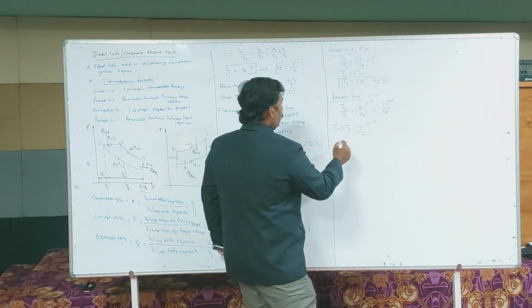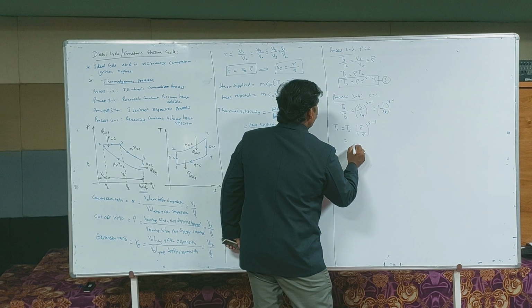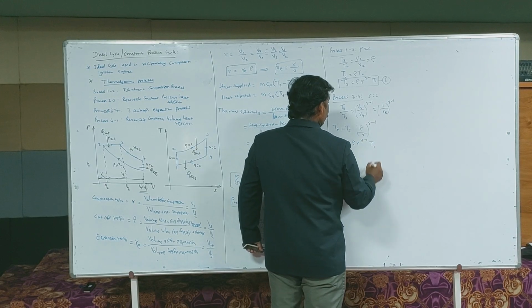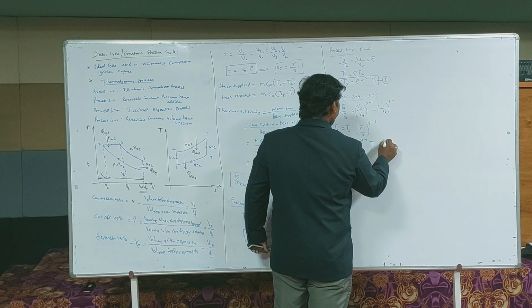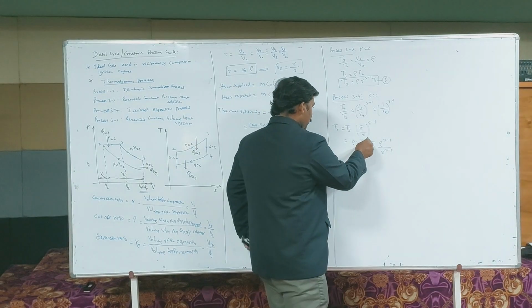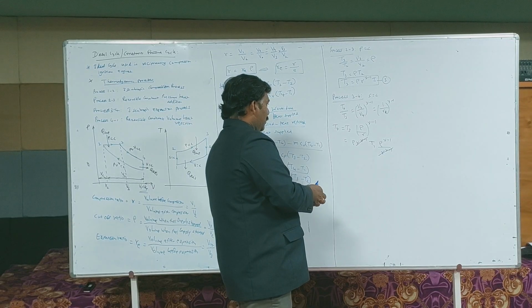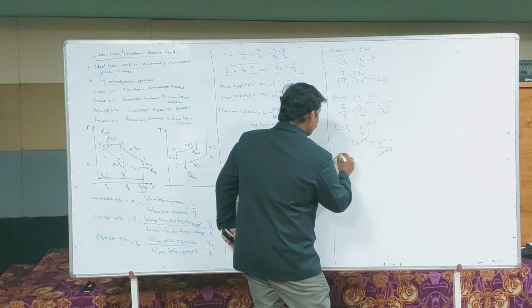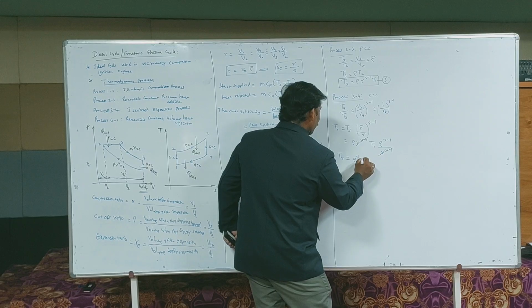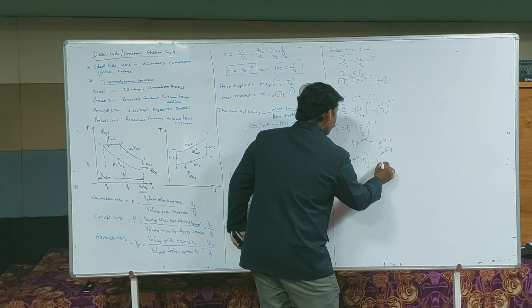And T3 we know it is rho into R power gamma minus 1 T1, and here I can write rho power gamma minus 1 by R power gamma minus 1. So this R power gamma minus 1 and R power gamma minus 1 got cancelled. So I can write this as T4 is equal to rho power gamma into T1. This is equation number 4.